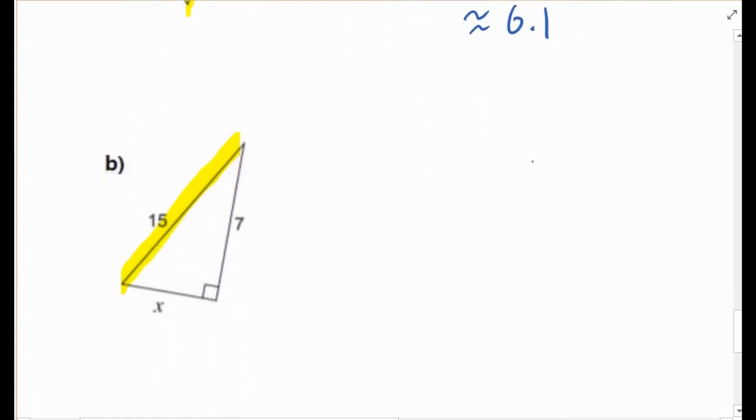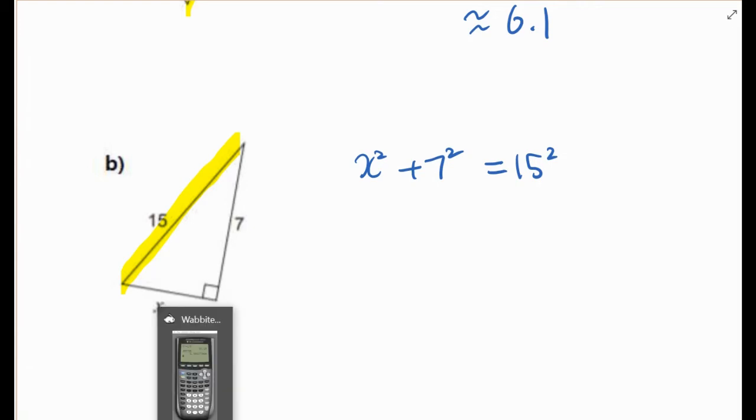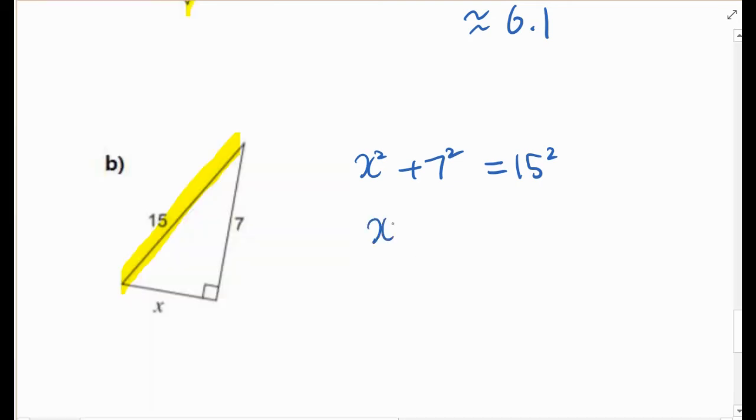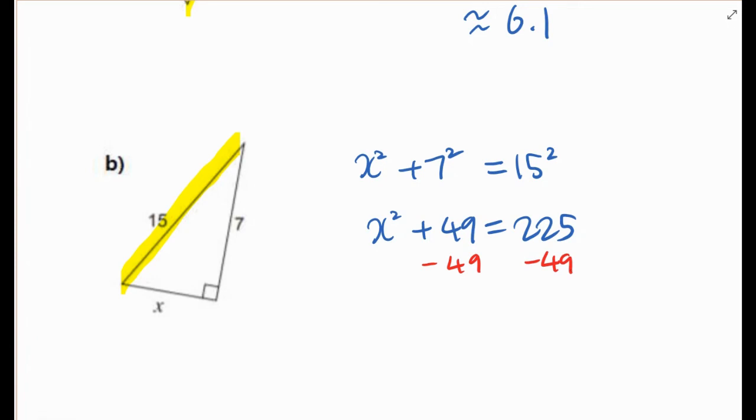Next question. 15 squared should be isolated. So x squared plus 7 squared. So what we're going to do is we're going to calculate it. 7 squared is 49. And what about 15 squared? 225. So x squared plus 49 equals 225. To find x squared, we're going to subtract 49 from both sides.